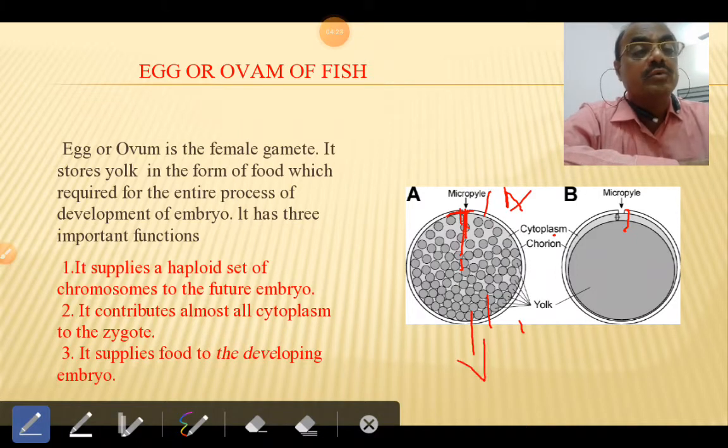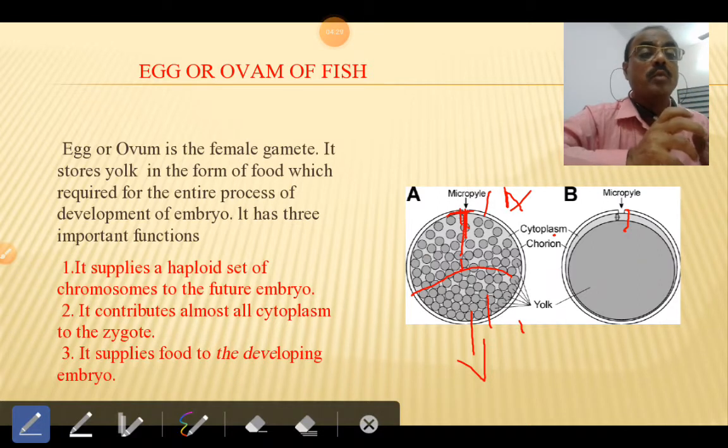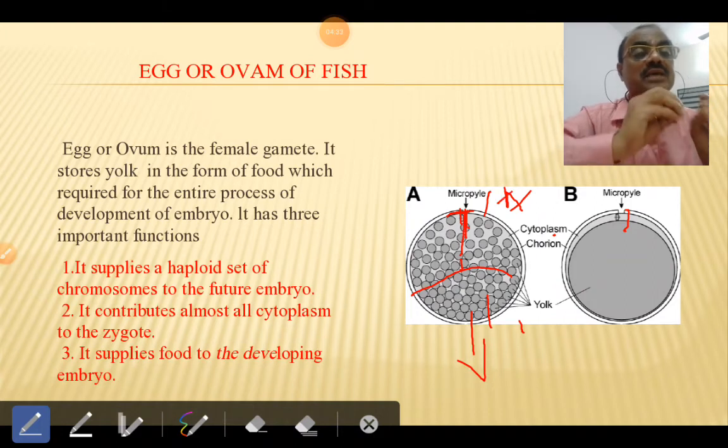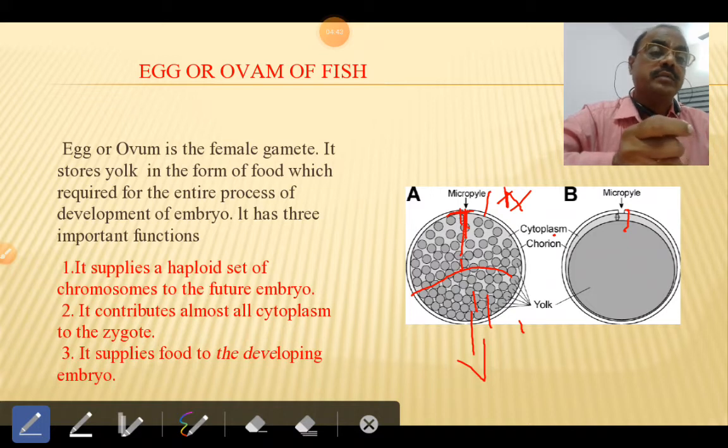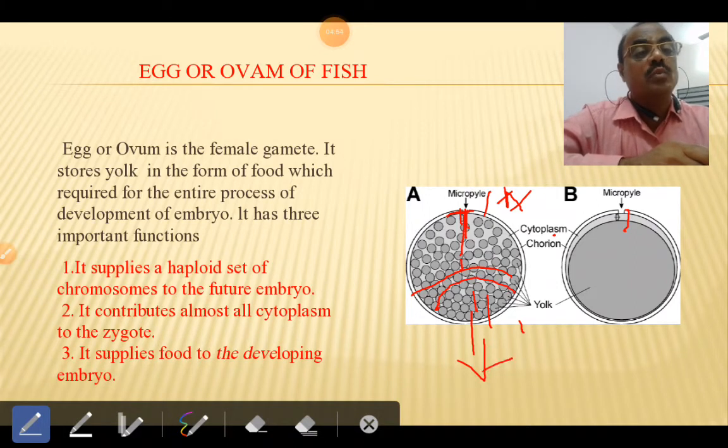Toward the vegetal pole, generally there is a greater amount of yolk, and toward the animal pole there is a very small amount of yolk. The side where the concentration of yolk is more is called the vegetal pole, and the side with less yolk is called the animal pole.